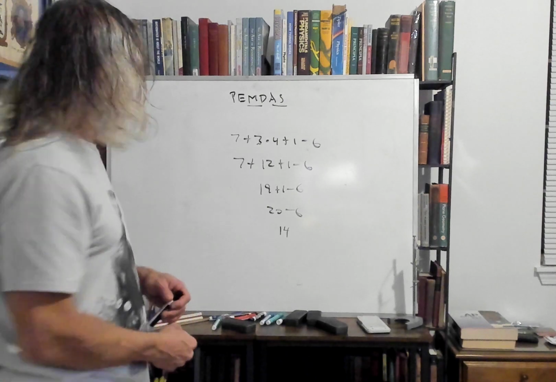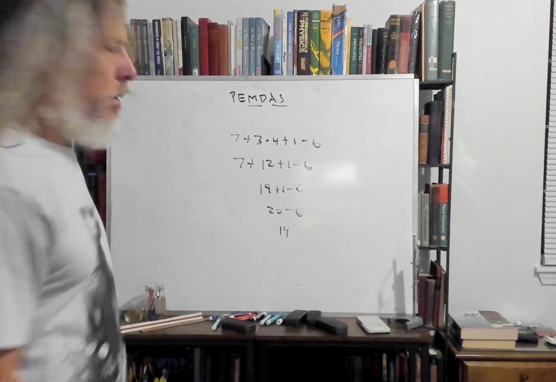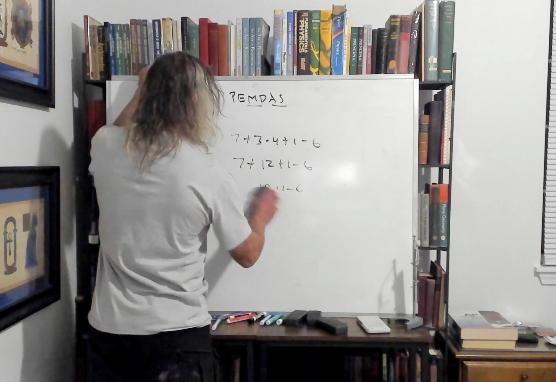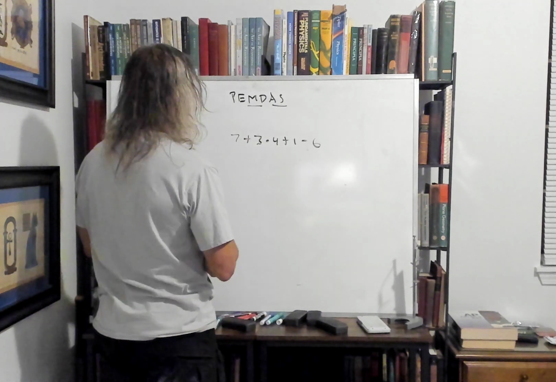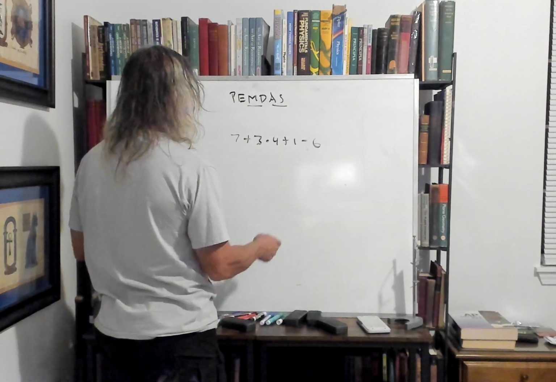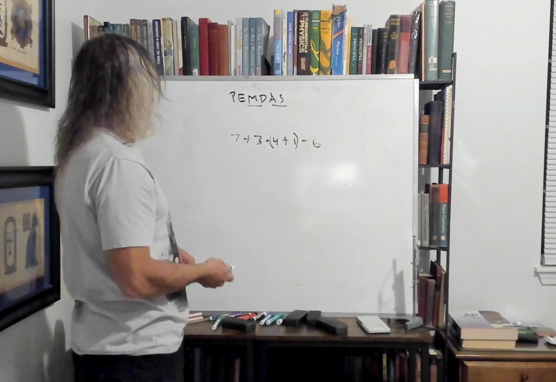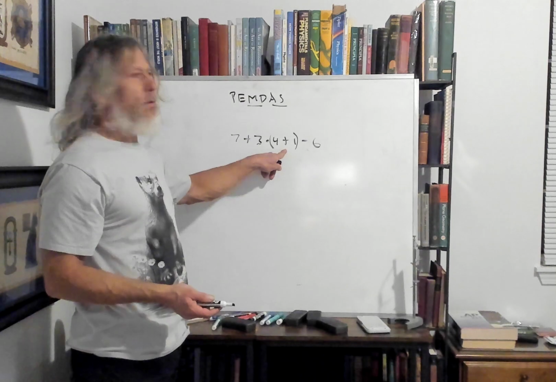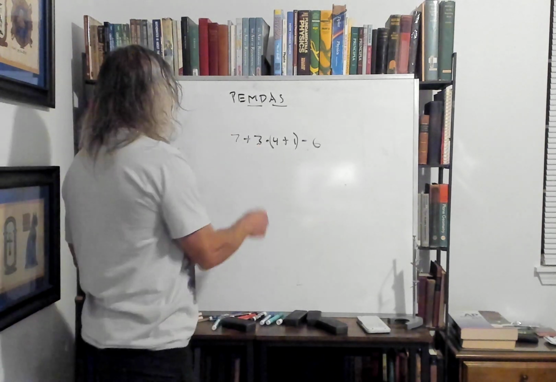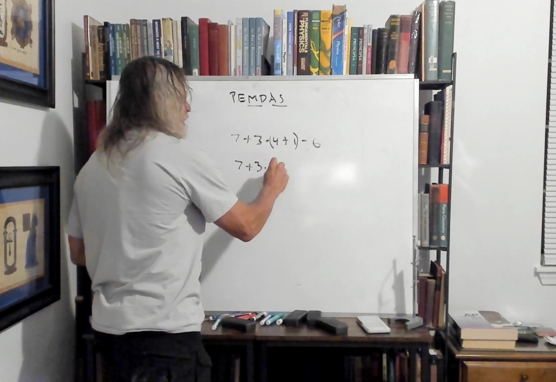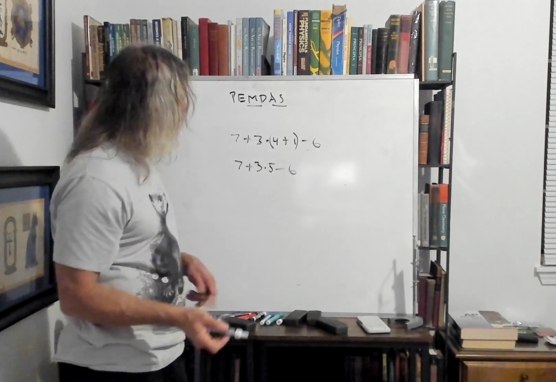And if we do a parenthesis, let's say we had this, then we got to do what's in parentheses first. It takes priority. So 7 plus 3 times 5 minus 6.